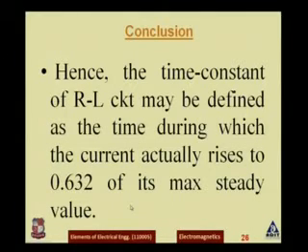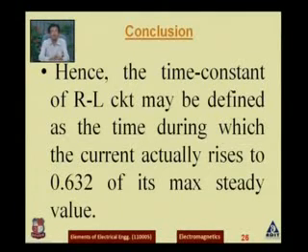Hence we can conclude from the equation that the time constant of an RL circuit may be defined as the time during which the current will actually rise to 0.632 of its maximum steady state value. Or in percentage, the current will increase to 63.2% of the steady state value.